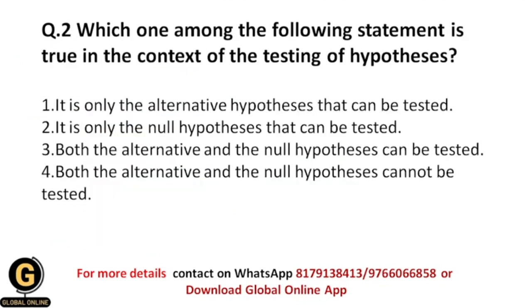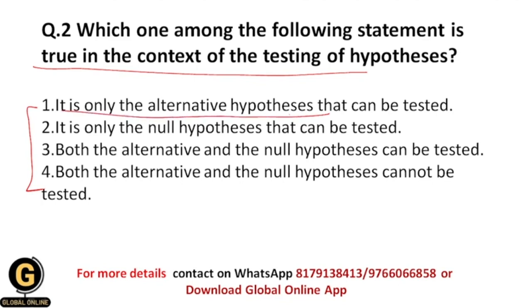Next: which one among the following statements is true in the context of the testing of hypothesis? Among these options, which statement is true with regard to the testing of hypothesis? It is only the alternative hypothesis that can be tested.